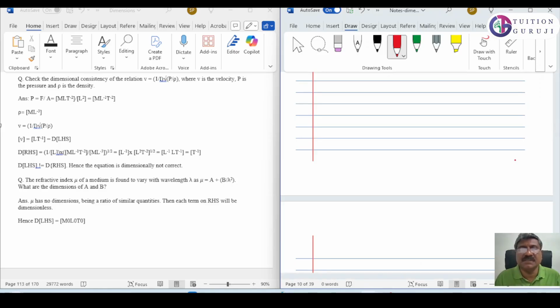Check the dimensional consistency of the relation V is equal to 1 by L into square root of P by rho, where V is velocity, P is pressure, rho is density, and L is length.